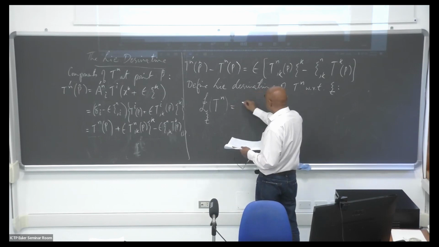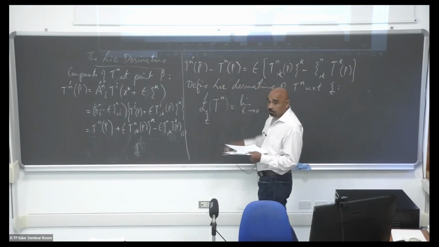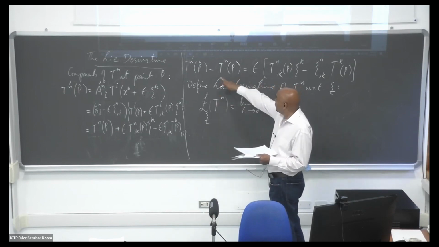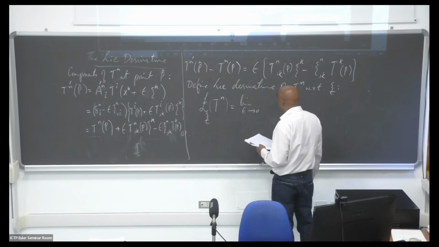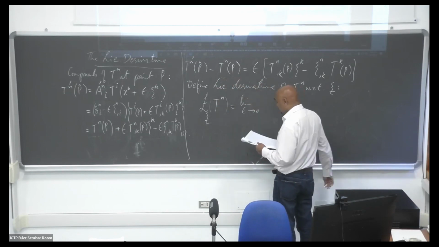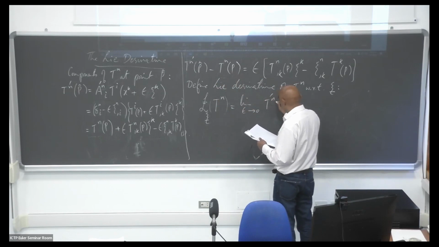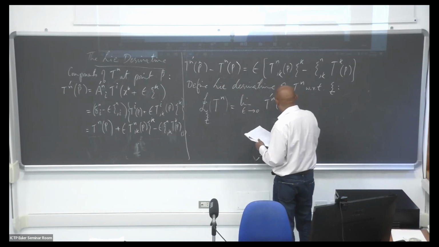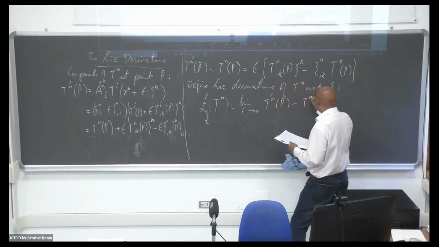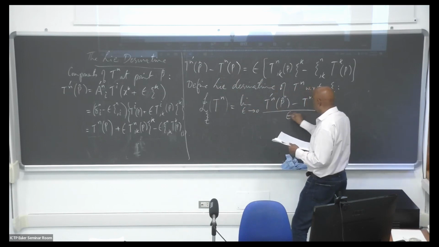And it is the limit when epsilon goes to 0. So the left hand side is being divided by epsilon, and this is actually the definition of the Lie derivative: Tn prime minus Tn over epsilon.